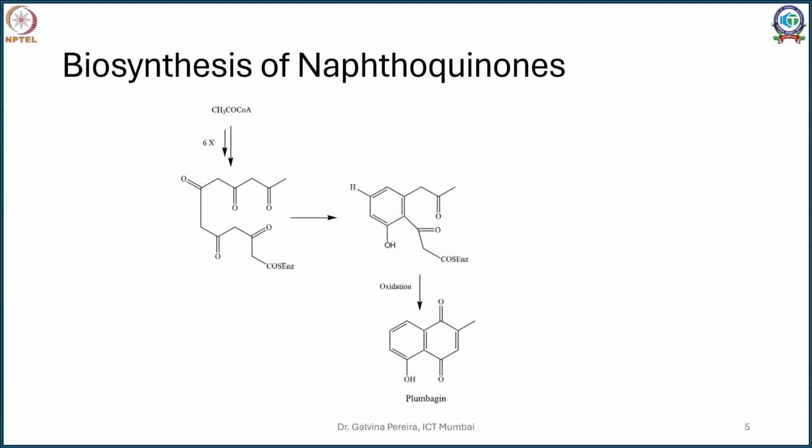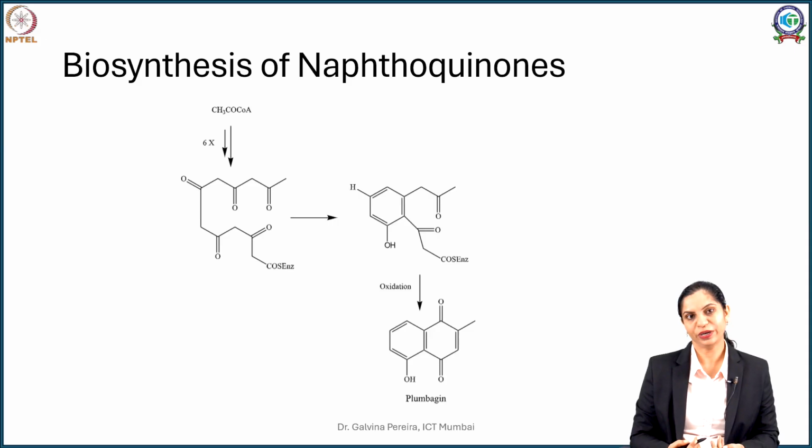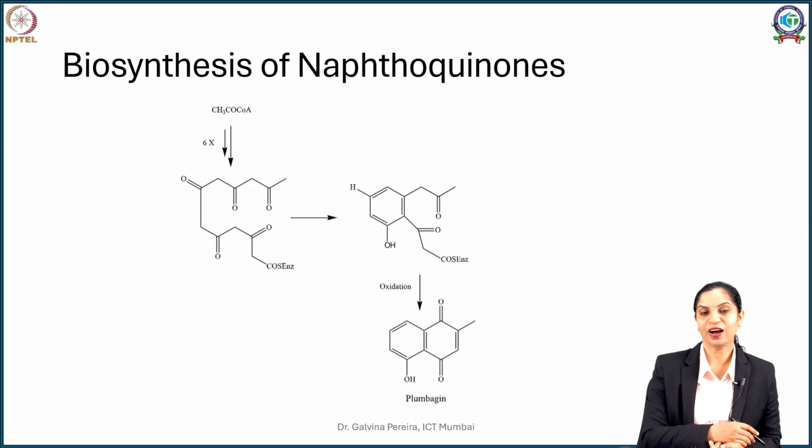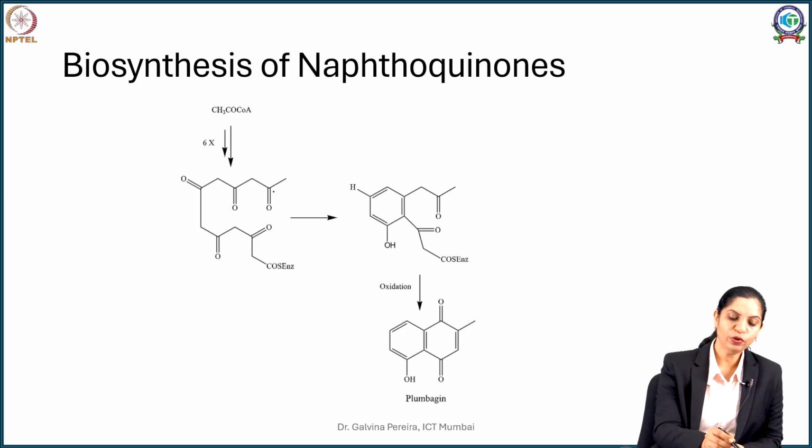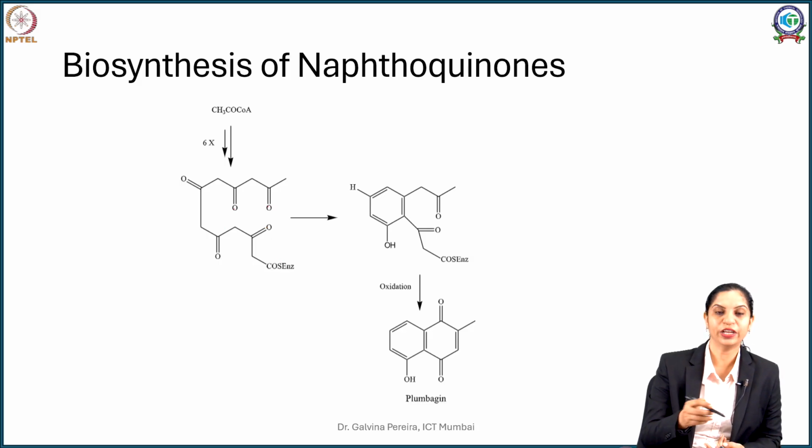Now if you see naphthaquinones, in a very similar manner, here again you can visualize. Here you have your acetyl CoA. You can count how many acetyl CoA you are using by just counting the number of ketone moieties. So 1, 2, 3, 4, 5, okay, and the sixth one is basically what is involved in the joining reaction.